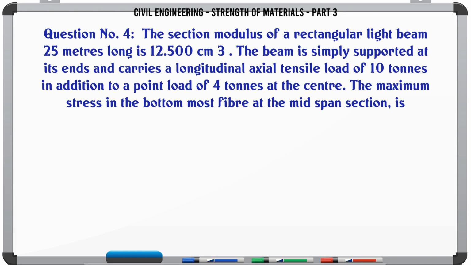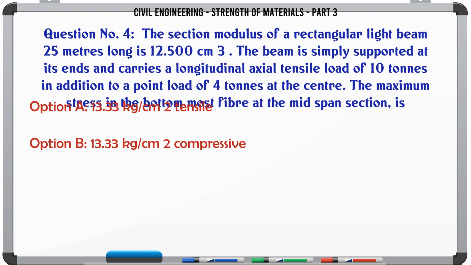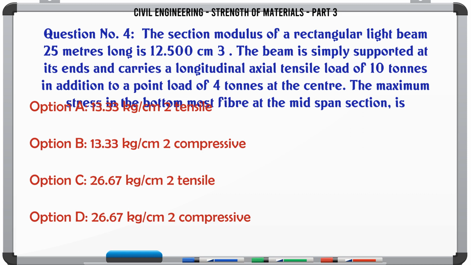The section modulus of a rectangular light beam 25 meters long is 12,500 cm^3. The beam is simply supported at its ends and carries a longitudinal axial tensile load of 10 tons in addition to a point load of 4 tons at the center.